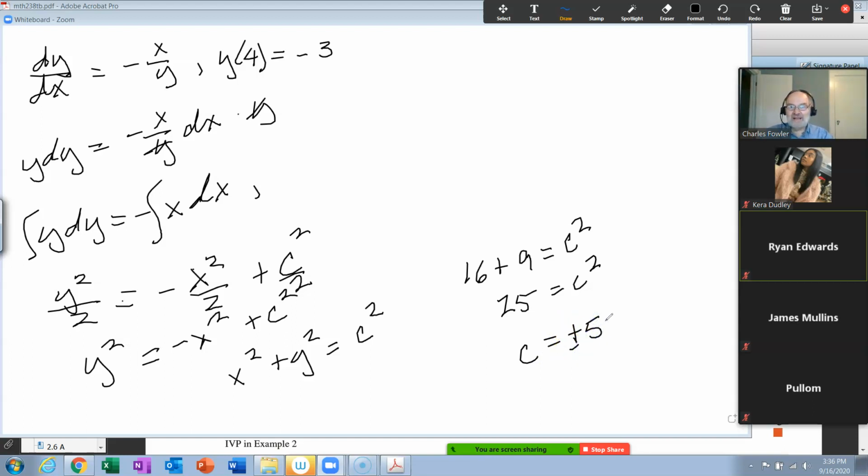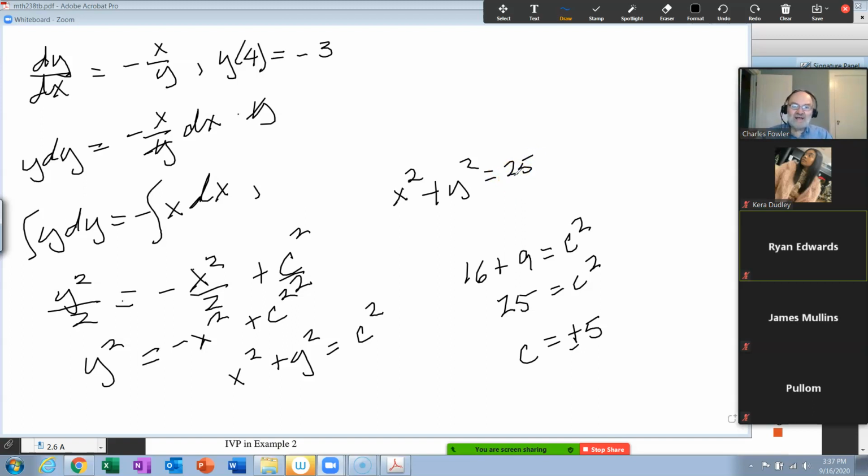Now, does it matter which? I don't really think it does, but if you go back and write your equation down, you get x squared plus y squared is equal to 25. Now, that's your equation.